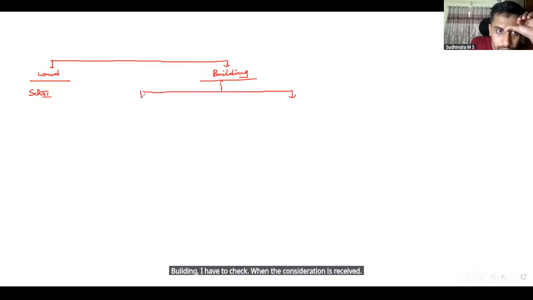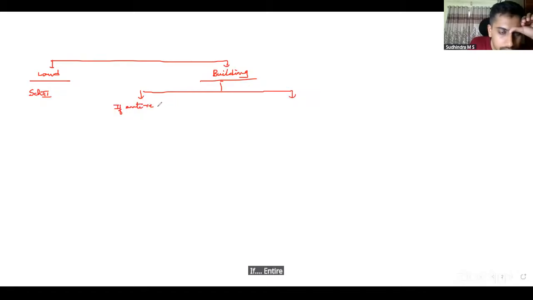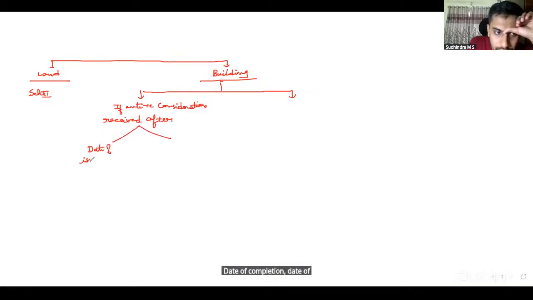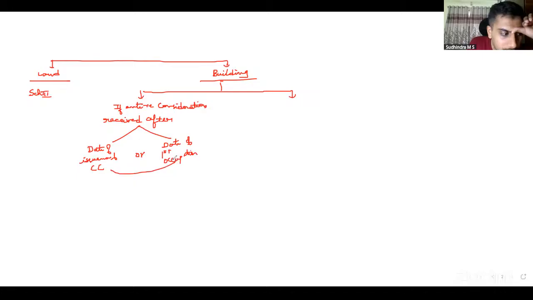If the entire consideration is received after the date of completion, date of issuance of completion certificate, or date of first occupation, whichever is earlier.